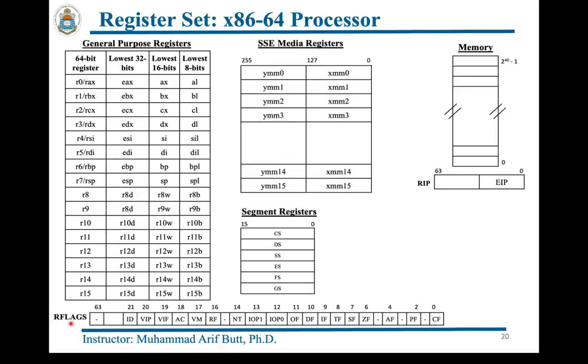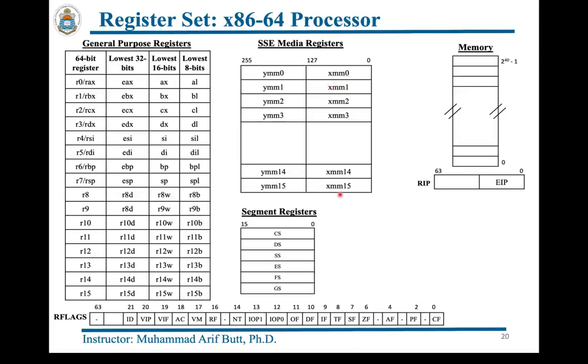And finally we have dedicated registers to support the floating point and the SIMD and SSE instructions. SIMD means single instruction multiple data, and these SIMD instructions allow a single instruction to be applied simultaneously to multiple data items, and they normally use these 128-bit registers, XMM0, XMM1, XMM2 and so on to XMM15.